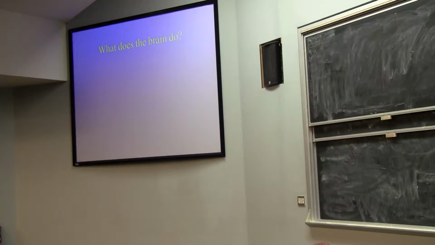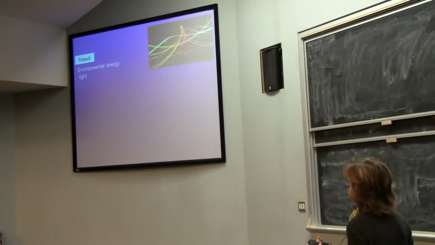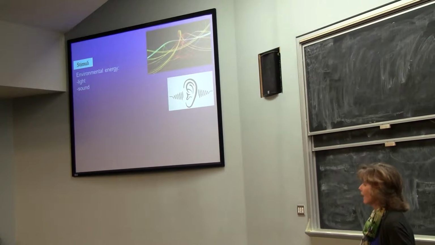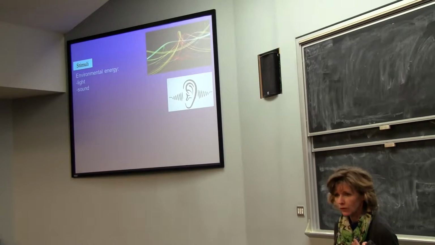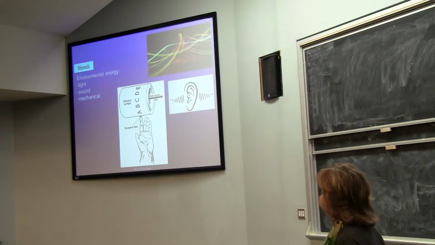So what exactly does the brain do, all right? You start by getting some stimuli in from the outside world, right? Some environmental energy, and this can be light, different colors, which hit your retina, or the picture, which I just showed you. Sound, you'll hear all kinds of different frequencies, which could be just a lovely song, or it could be discordant yelling.